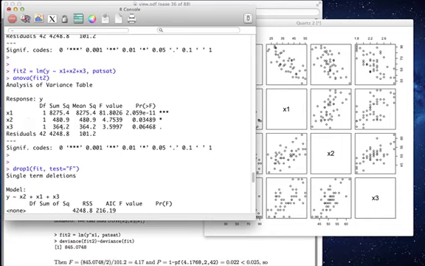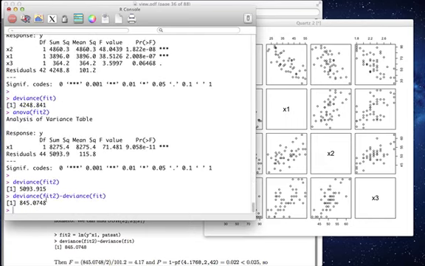The sum of these two terms tells us what happens when I bring x2 and x3 in. I can just eyeball this, and it's about 845. And notice what I got down here, 845. So that's the amount of additional explaining done by adding x2 and x3 to a model that only has x1 in it.